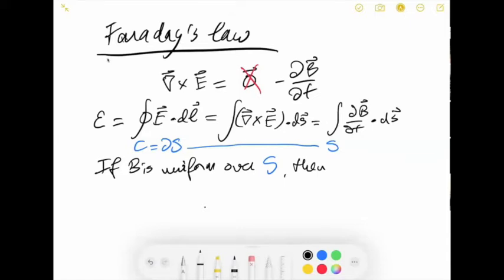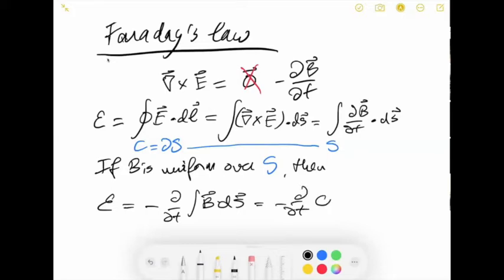We just have a d/dt of B integrated over S, and then we can take the derivative out, and we just get E is minus d/dt of the integral of B dS, which is of course the flux. This is the magnetic flux as opposed to the electric flux. This is saying the same thing.